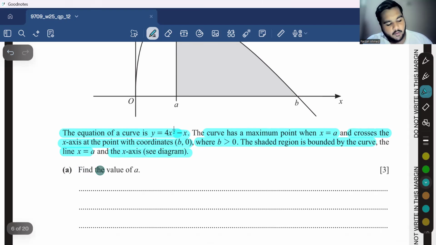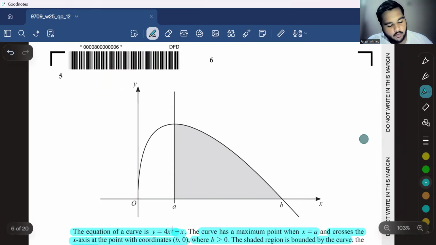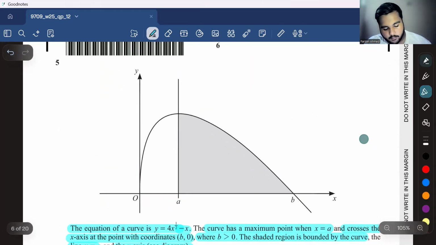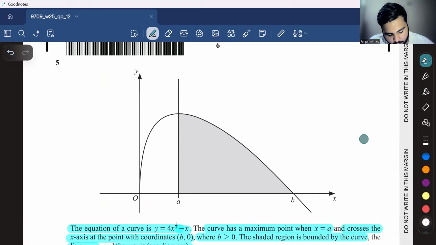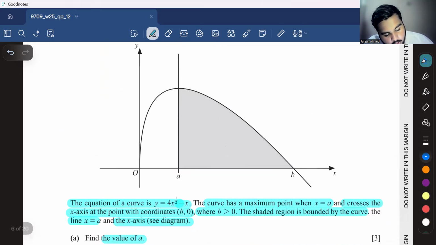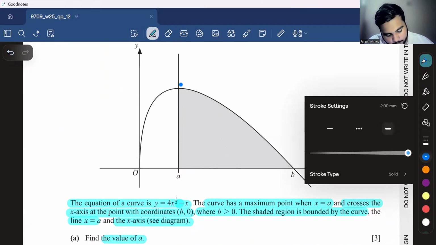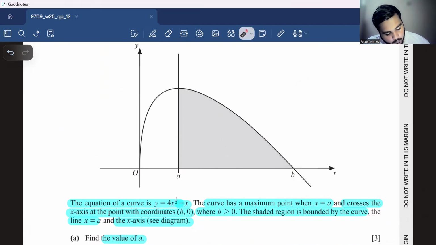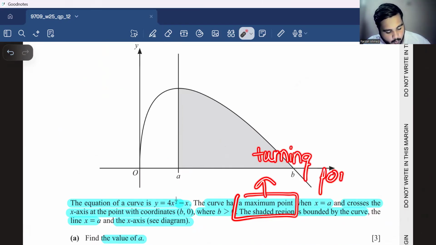In part A, we have to find the value of a. So we are going to the graph. In the graph, first we have to determine what the maximum point is. Maximum point means turning point.